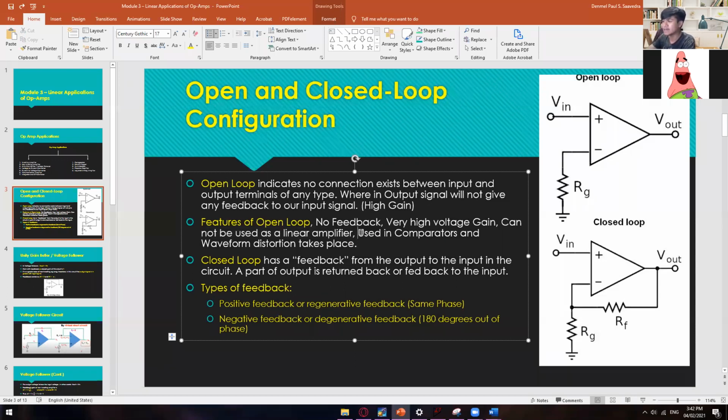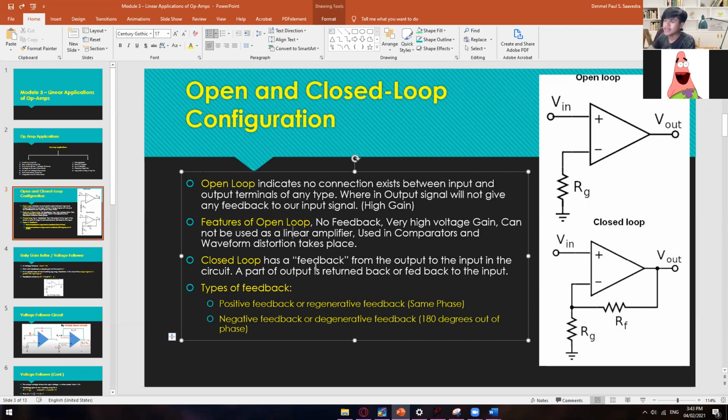It is only used in comparators, and waveform distortion takes place, because too much gain can give you too much noise at the same time. So it has a consequence too, not only a pro: you're getting a high gain, but you're also getting a high noise level on your waveform. That's it for the open loop.